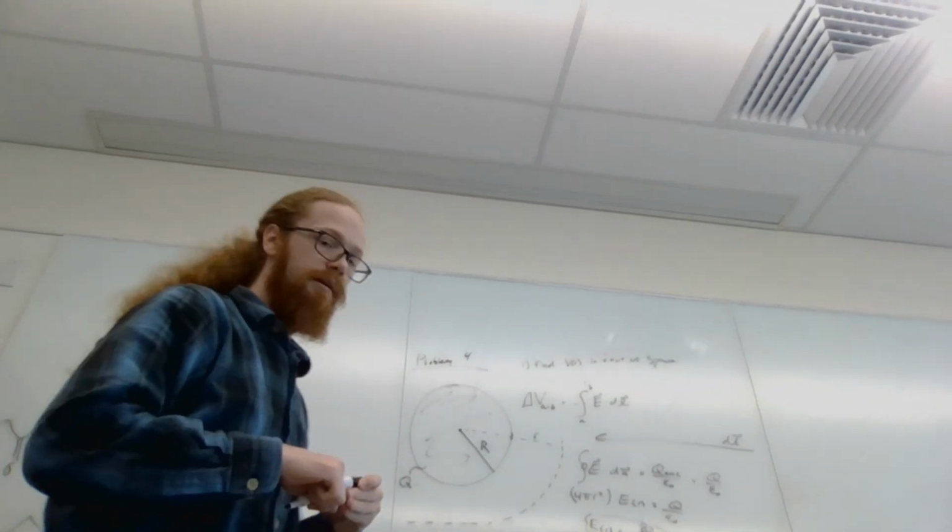So inside, we've got a sphere, we've got a Gaussian surface we're drawing. And we know that Q is spread out over the entire volume of our sphere.